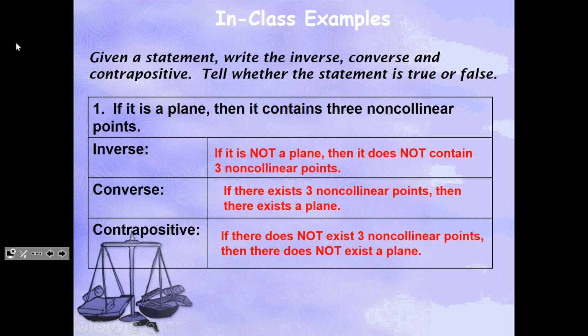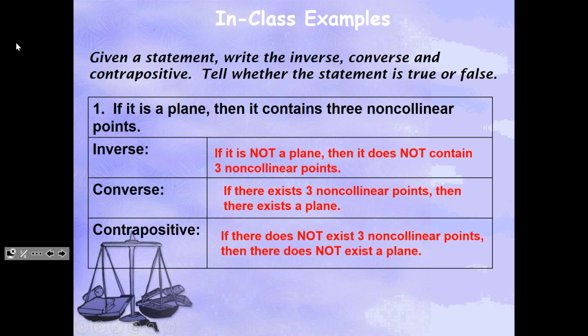Now we're going to go back and determine the validity of each one of these statements, or is the statement true or false? The conditional statement goes with which statement? What's it going to have the same truth value as? Conditional and contrapositive, right? And my inverse and converse will have the same truth value.